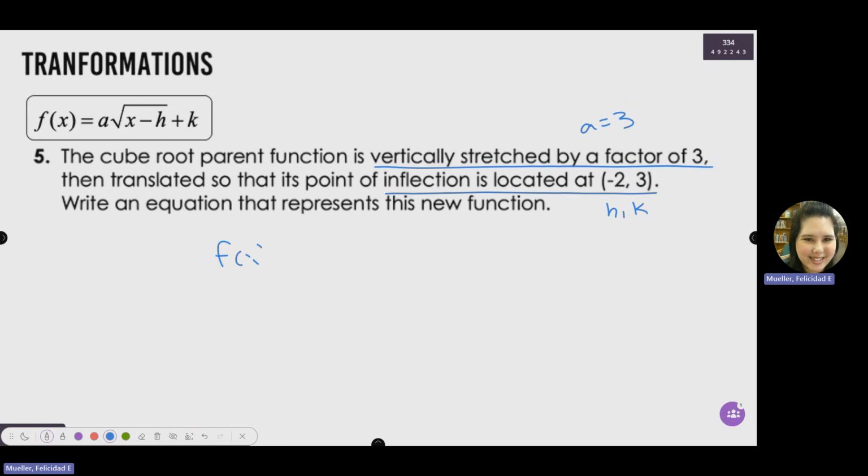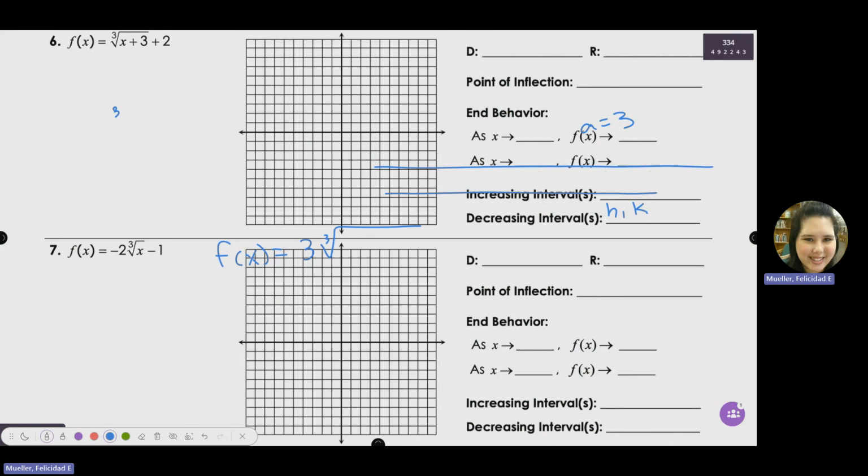So we have f of x equals 3 for a. I just realized this is missing a cubic here, so I need to fix that before we get to class. Cubic root of... and I do see I missed it on the previous slide as well, so I do need to fix that.